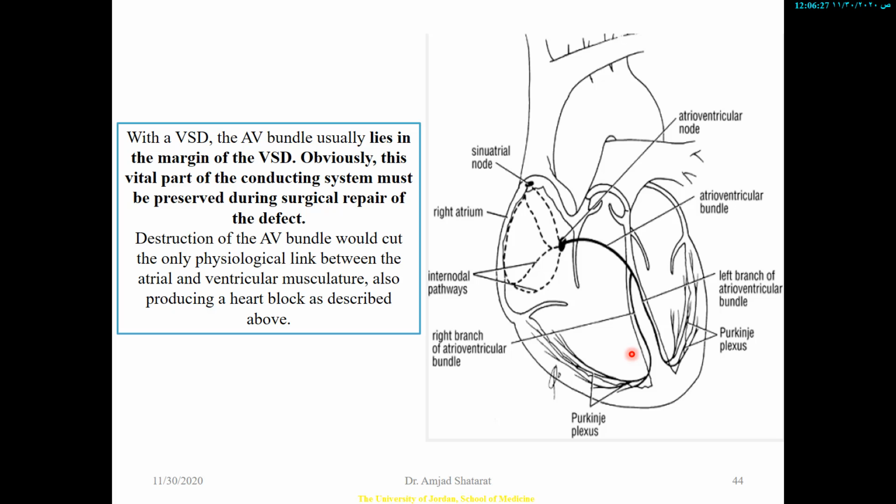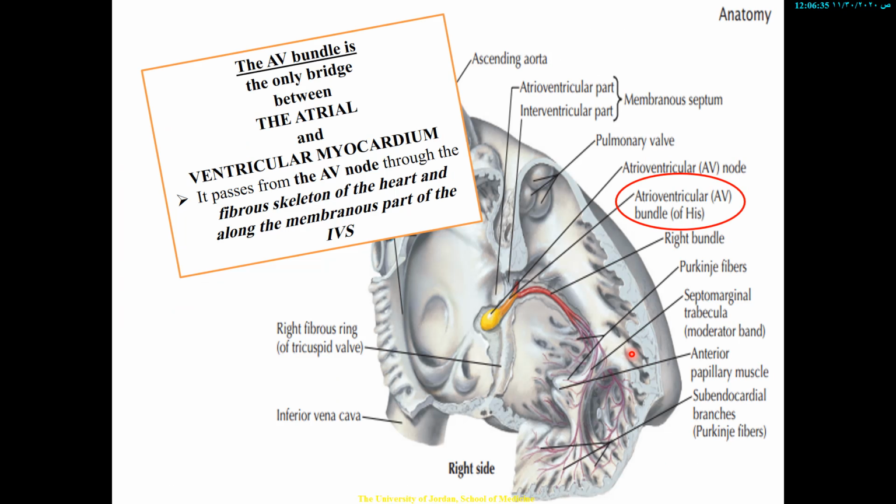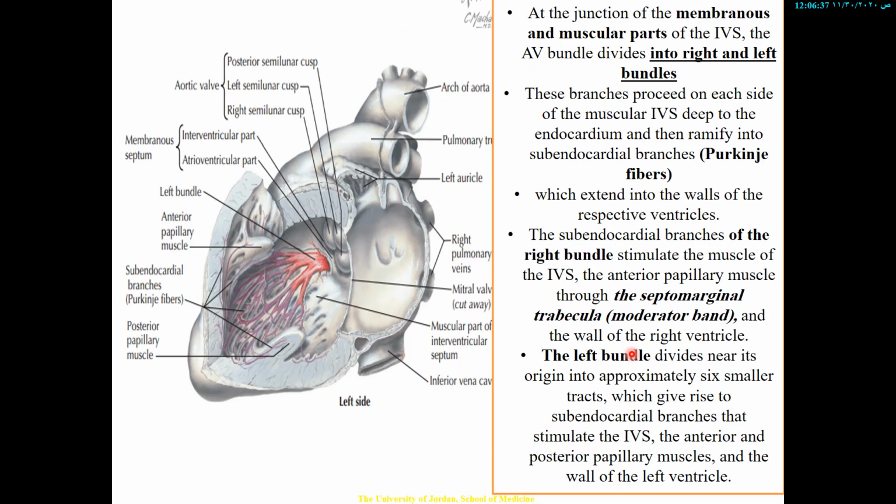So the last thing about the membranous part, this one, the bundle of His.